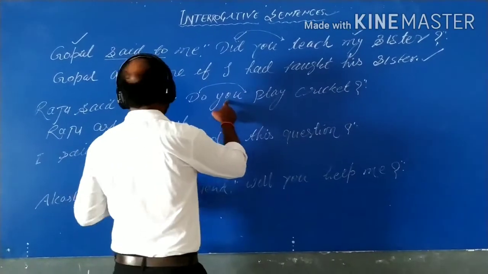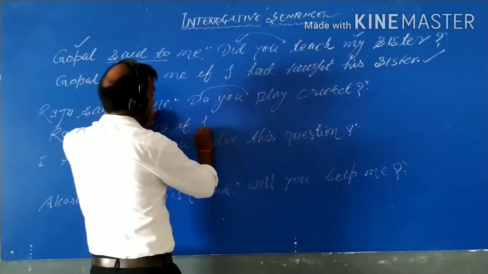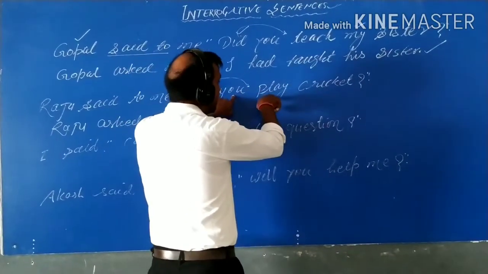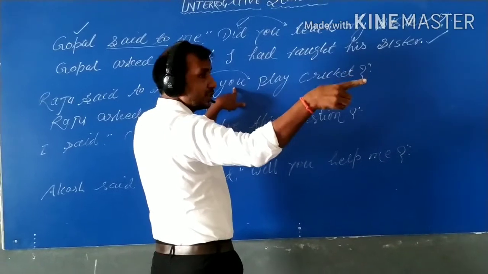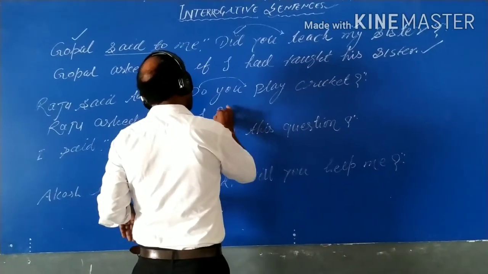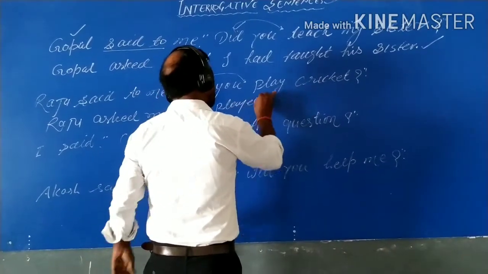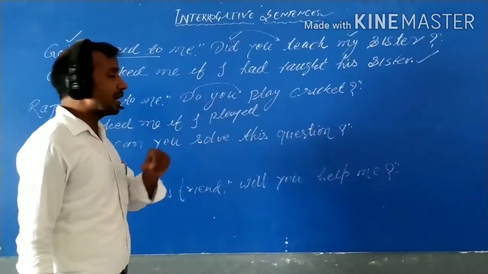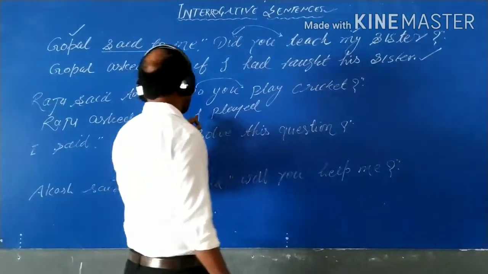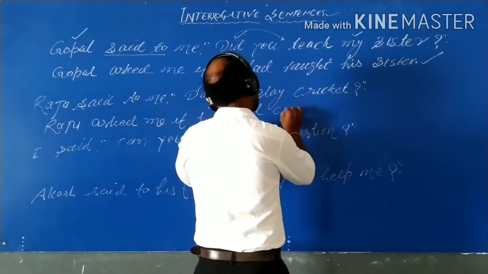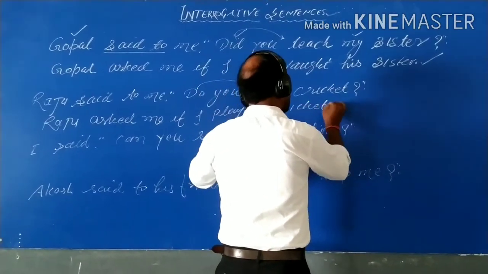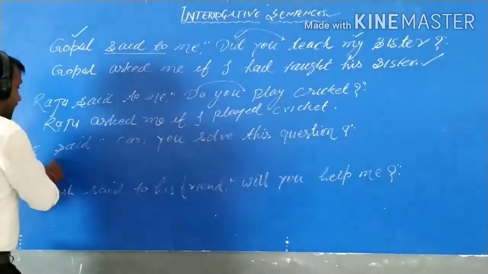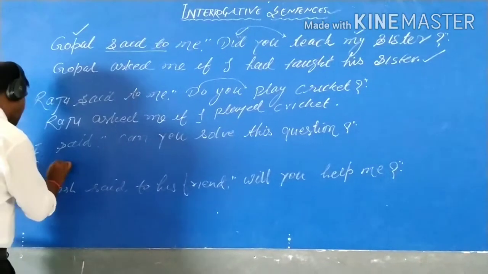So you will change according to me, that means I, and present indefinite will change into past indefinite. Then play will change into played, because in past indefinite we have to apply the second form of the verb. So "I played cricket", and full stop.